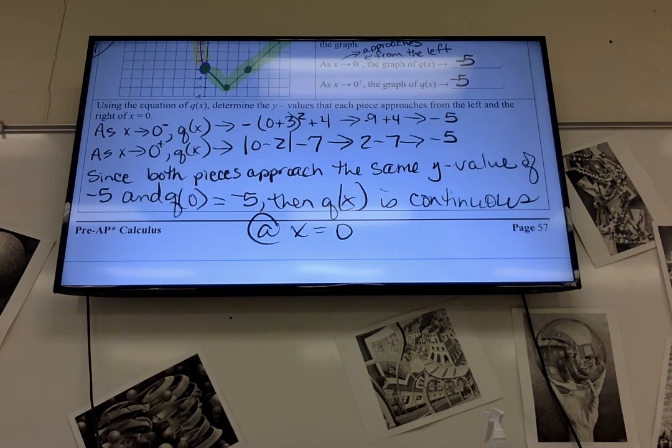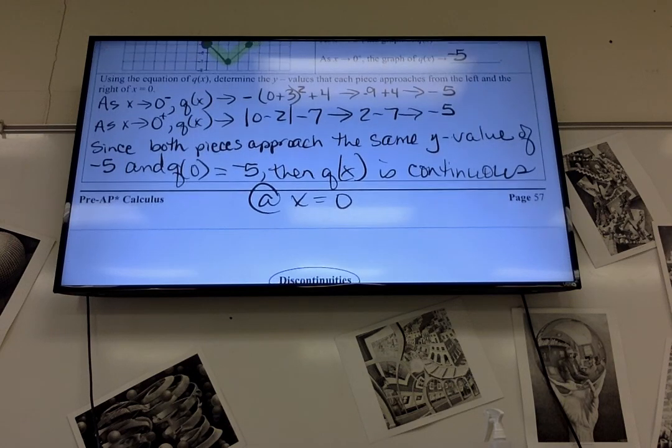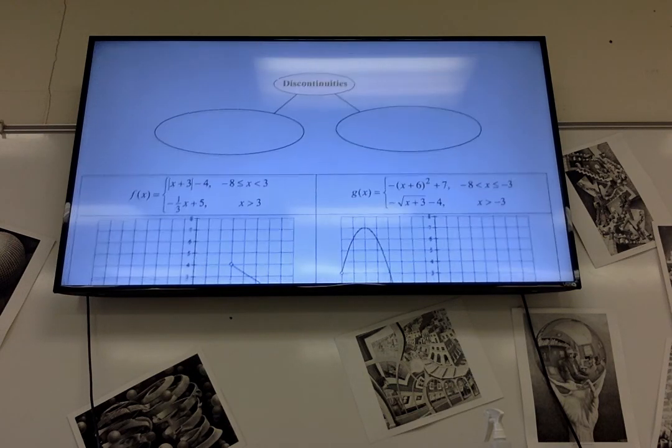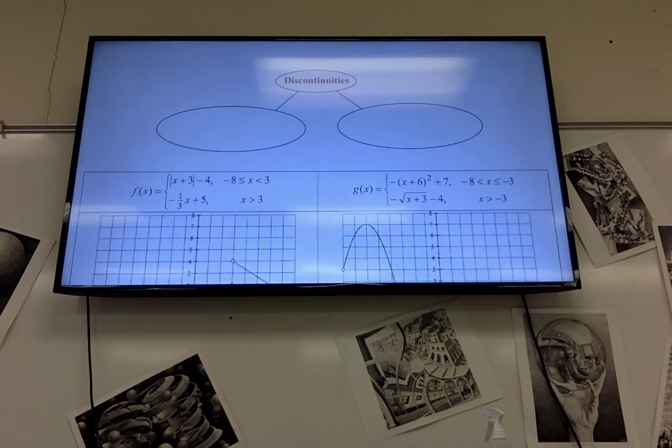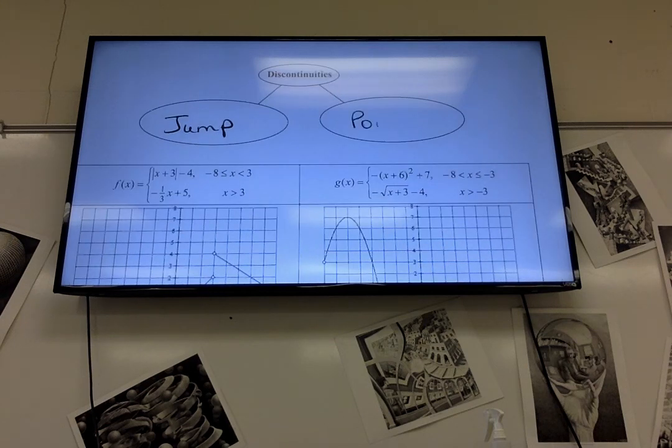Okay, so if you look on the back of this, it's got kind of a flow chart. We have two different kinds of discontinuities: a jump discontinuity and a point discontinuity.